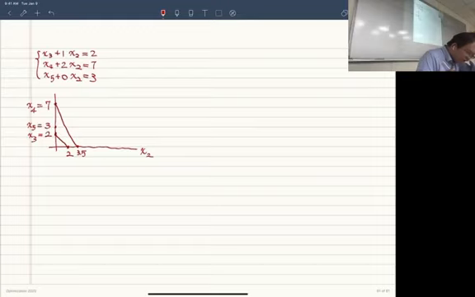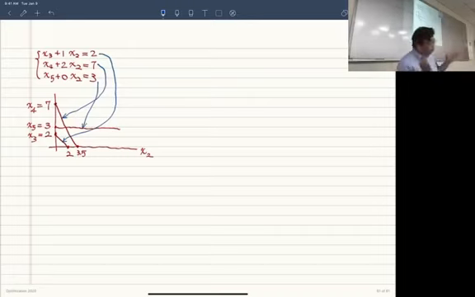Yes. And the other one is like this. So the first line is actually this one. The other line is this one, and the third line is this one. If you try to plot out these three lines, it's actually like this.